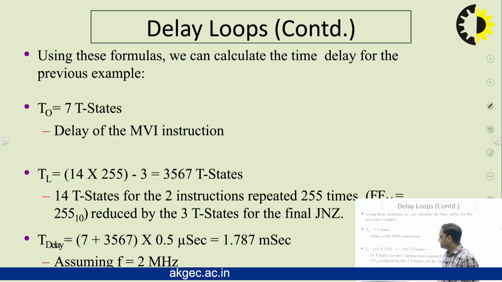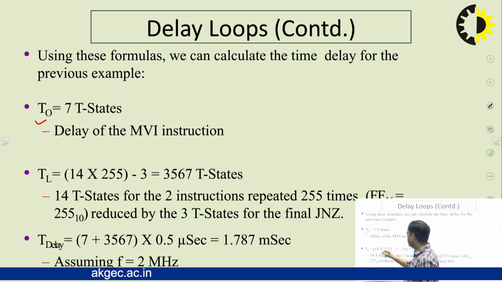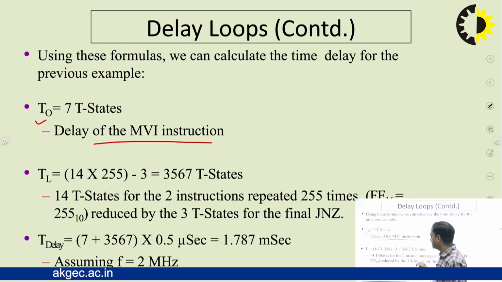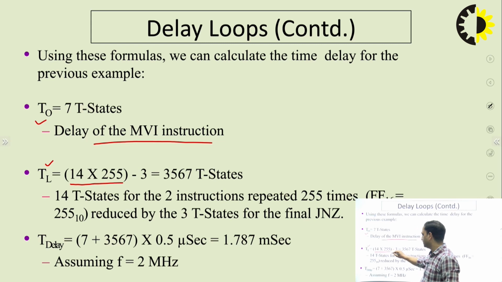So T out in this case is 7 T states, the delay of an MVI instruction. Then TL, for the particular loop given in the question, will be 14 into 255 minus 3. When we calculate this, the value will be 3567 T states.